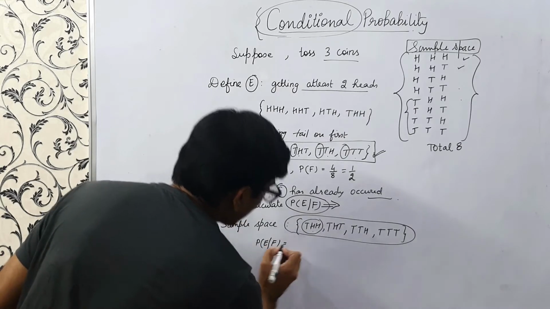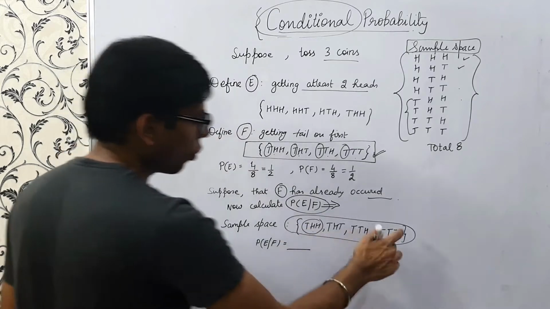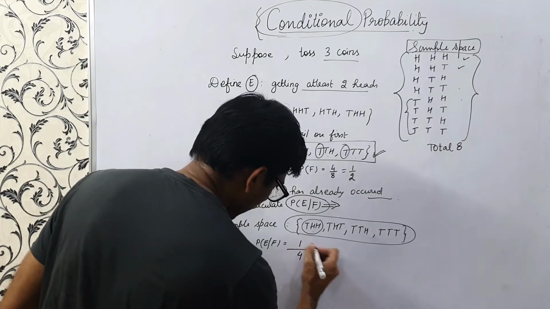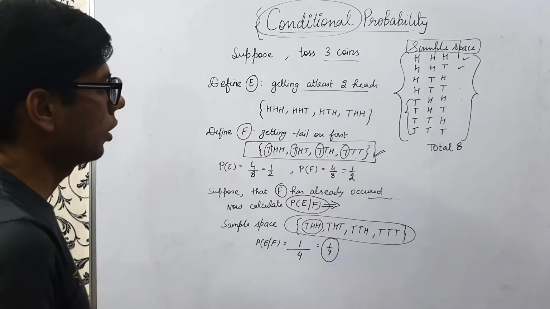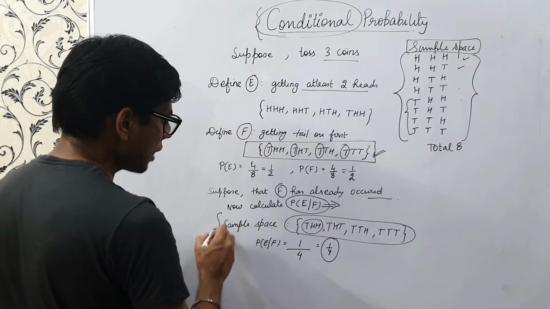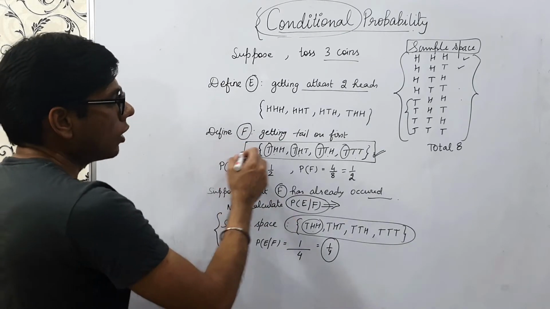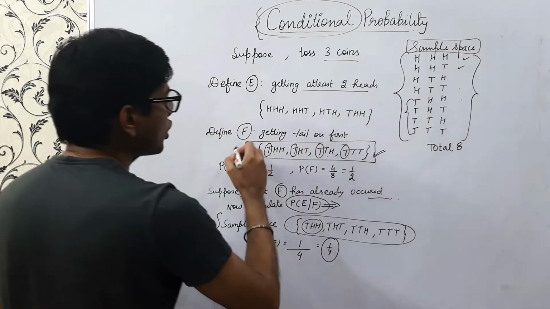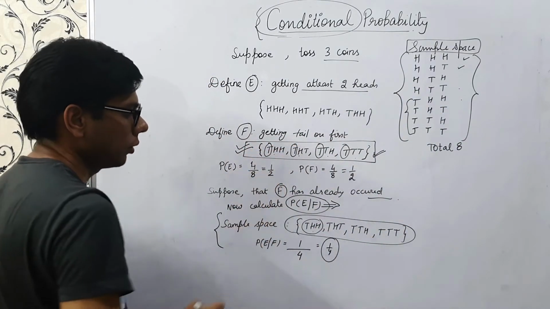In the denominator there are 4 total cases and we are assuming equal likelihood, so this is 1 by 4. Just remember, the sample space changes. The underlying experiment was tossing 3 coins, but now it changes to the fact that the first toss has already shown tails.